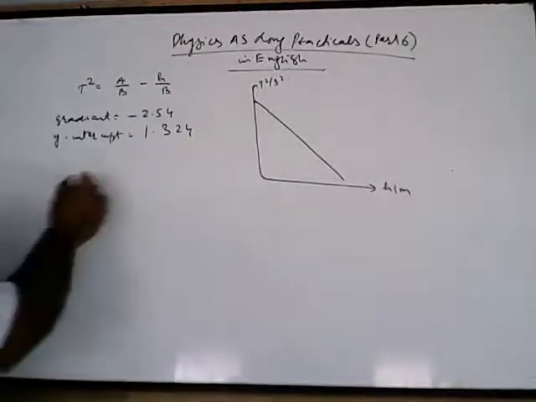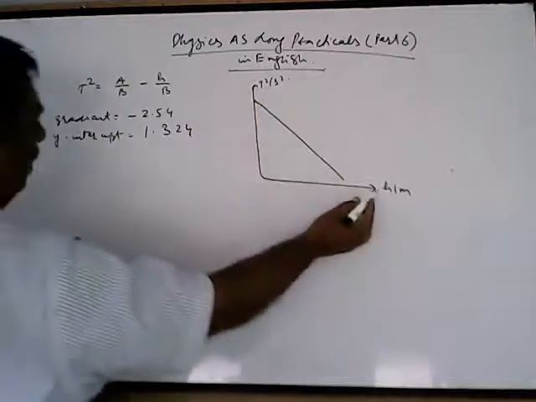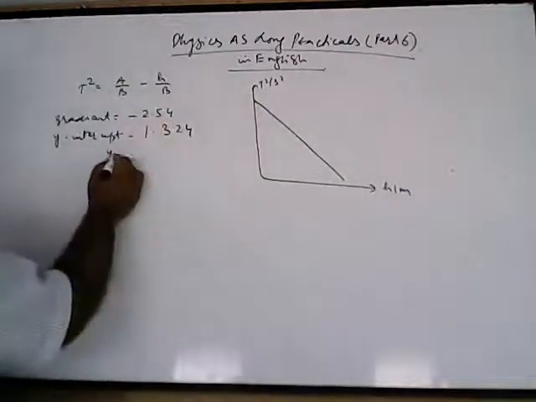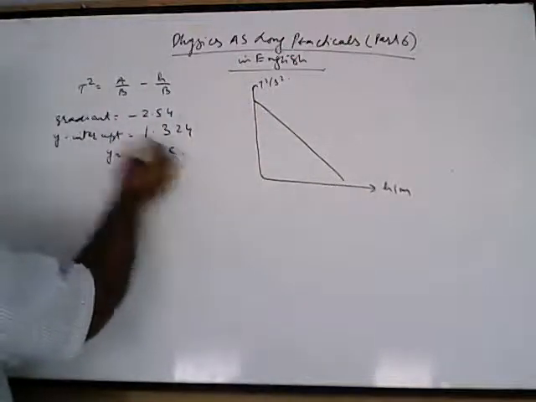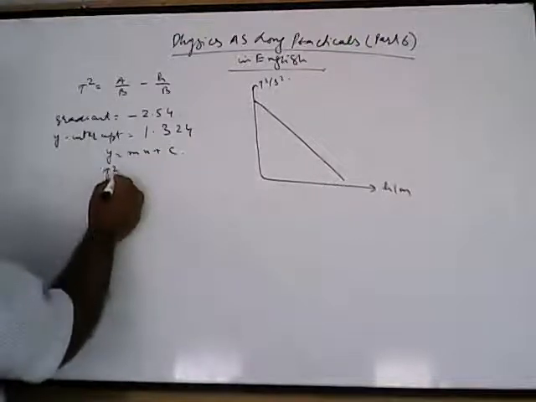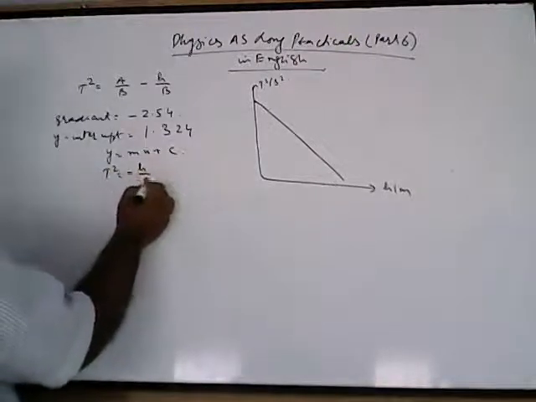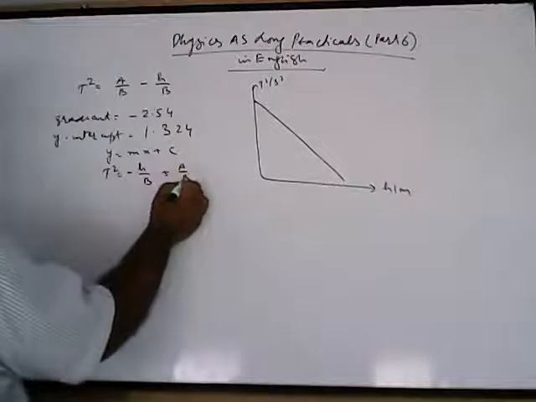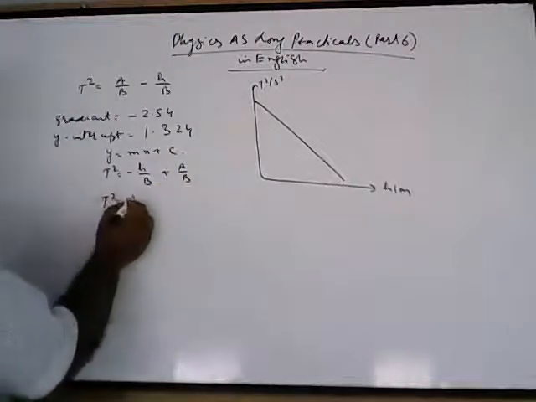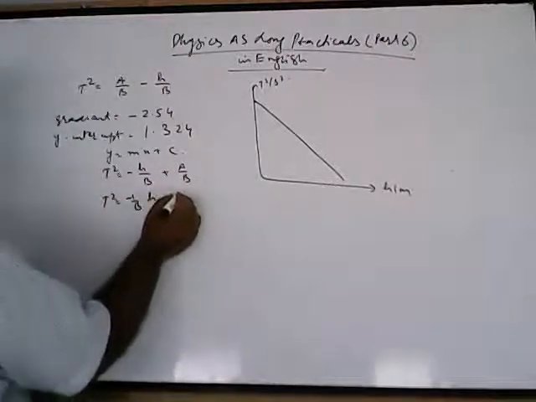First of all, since along the y-axis is t square and along x is h, I will arrange this equation as y is equal to mx plus c. I can write this t square is equal to minus h upon b plus a upon b. I can write this as minus 1 upon b times h plus a upon b.